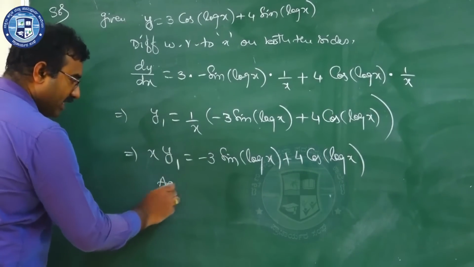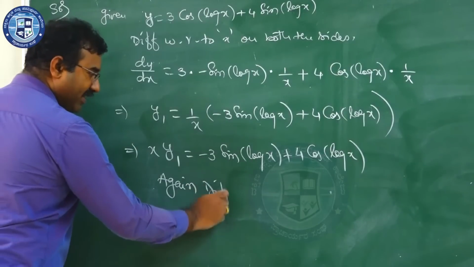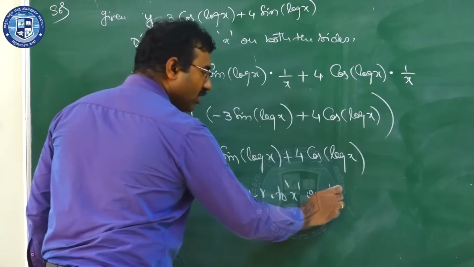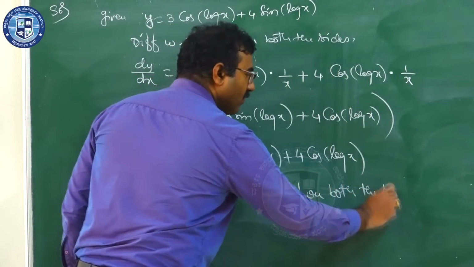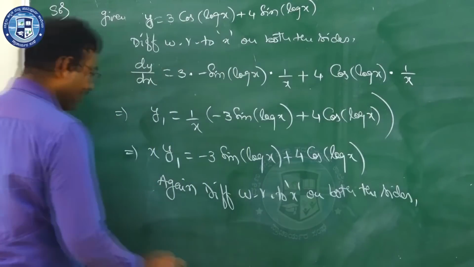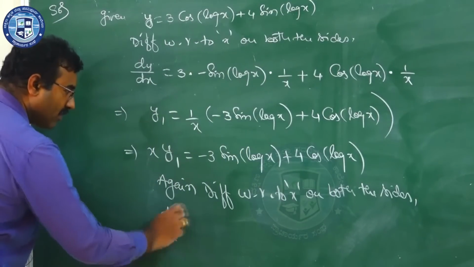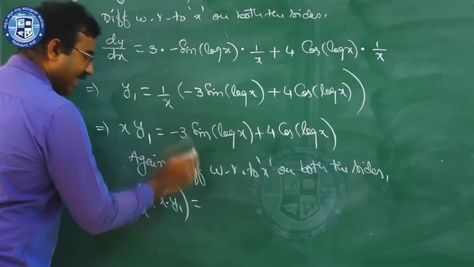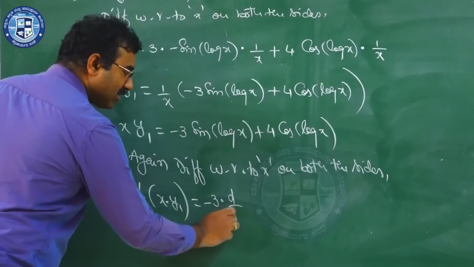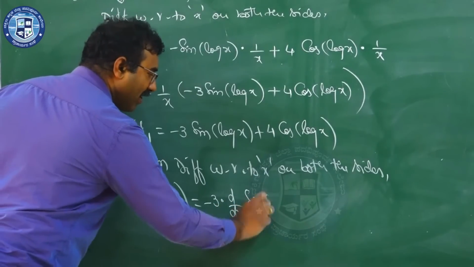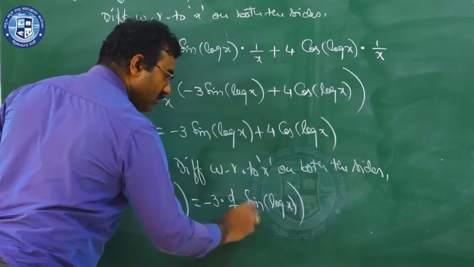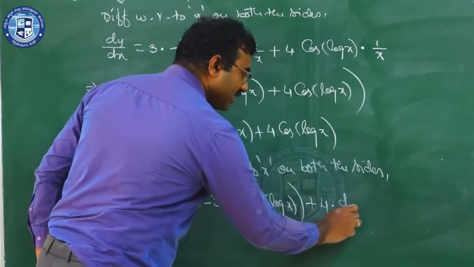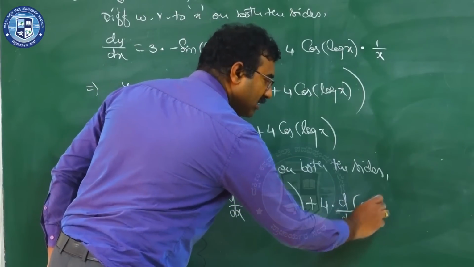Now, again differentiate with respect to x on both the sides. So, what happens? d by dx of xy1 is equal to minus 3 into d by dx of sine of log x plus 4 into d by dx of cos of log x.